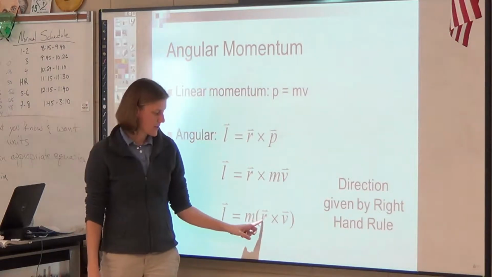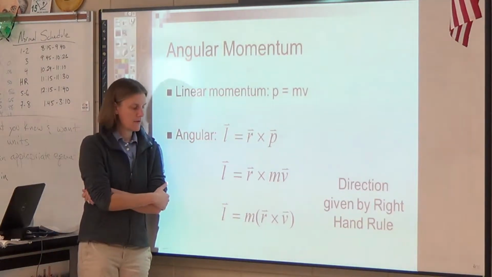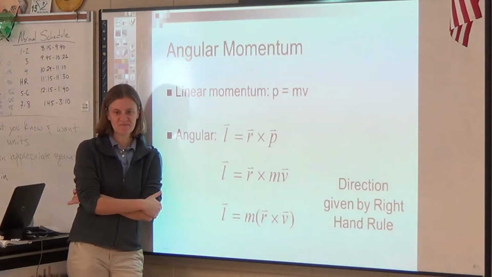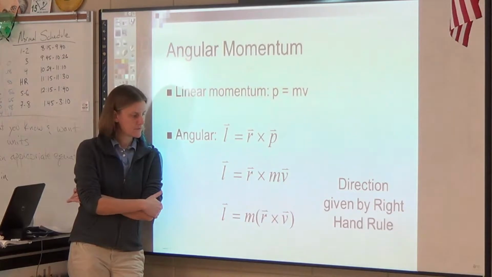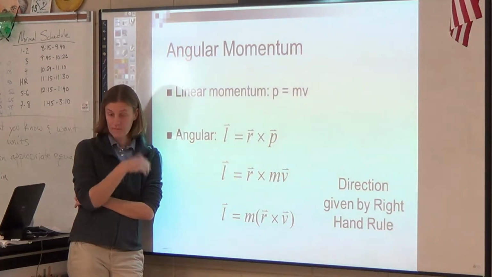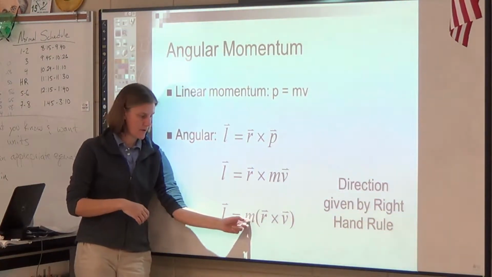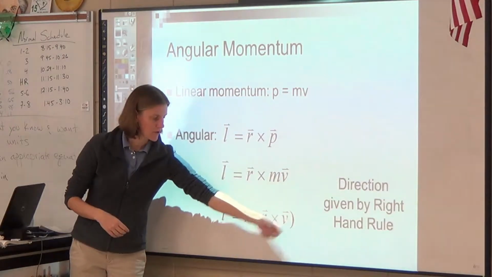And this is a cross product, so we would still use right-hand rule stuff. Okay, so M, mass of that object, times R cross V.